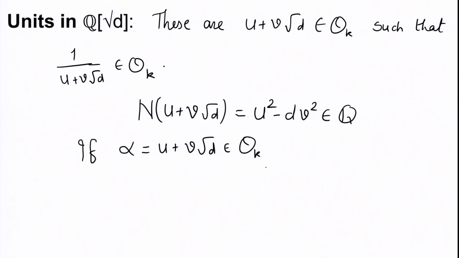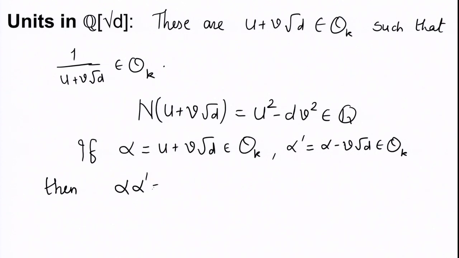If alpha equal to u plus v root d is in OK, and we take alpha prime, which is u minus v root d, which is also in OK for the description that we have given of algebraic integers, then the norm of alpha, which is u square minus v square d, and alpha plus alpha prime, which is 2u, are in fact integers.